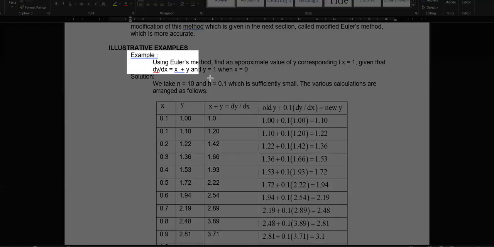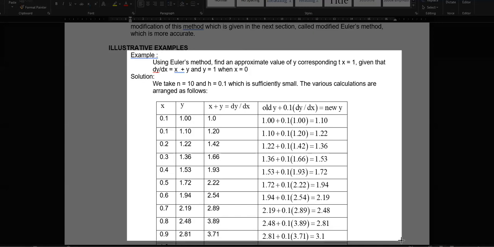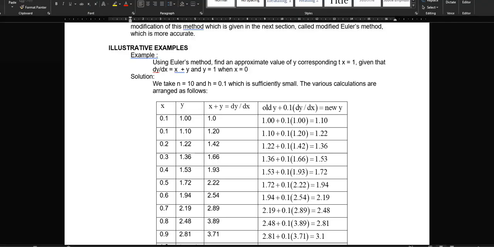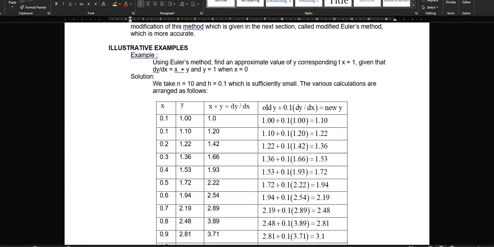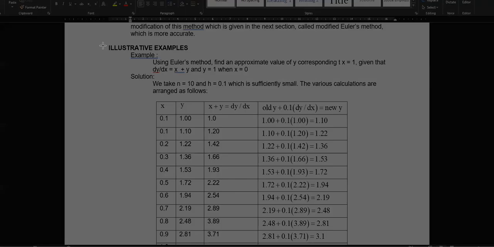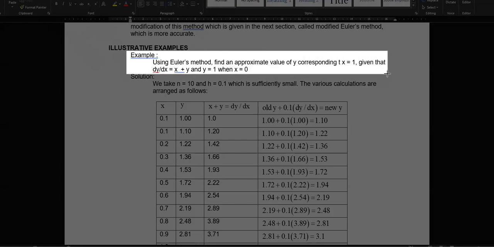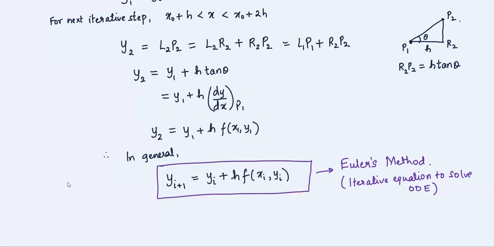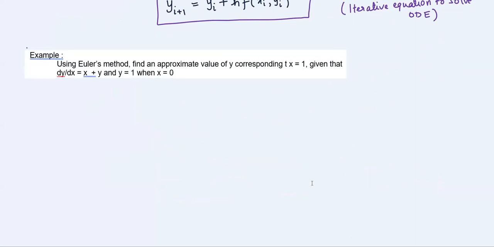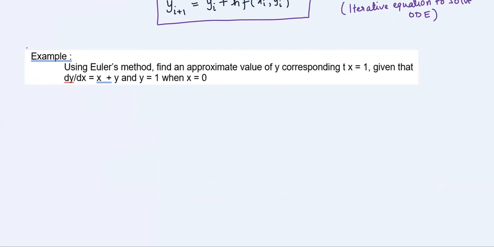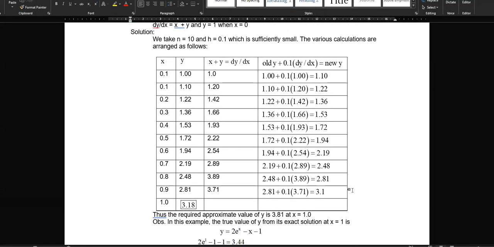I'll explain this example. Wait a second.